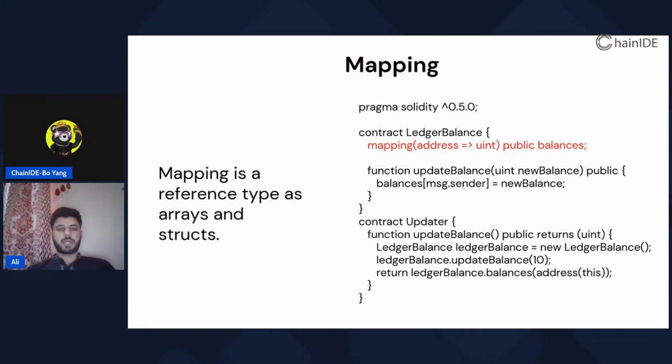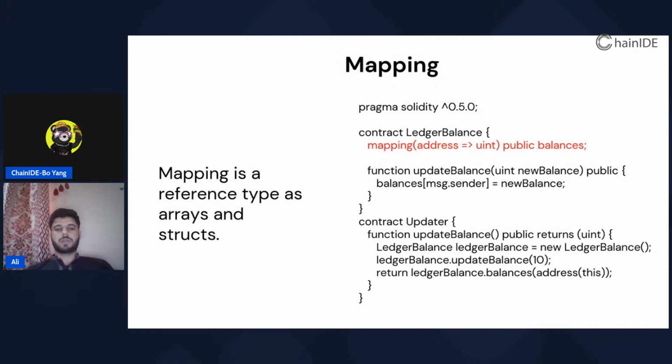A mapping is also very important in the Solidity programming language, and is used like arrays or structures. Here is how you can use mapping. Mapping uses the keyword mapping, and here we have key types and value types.